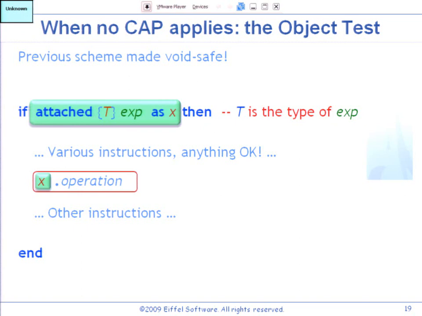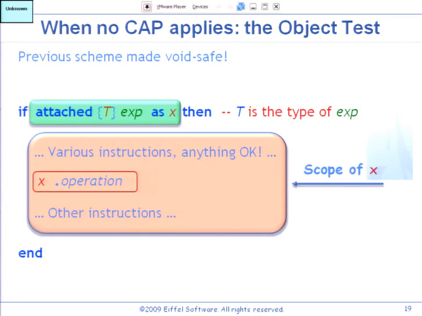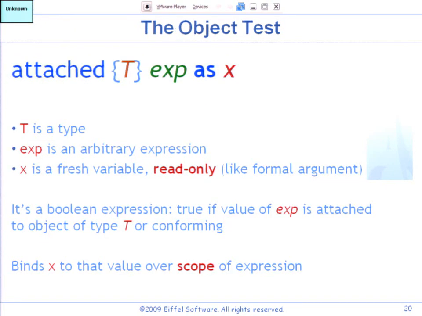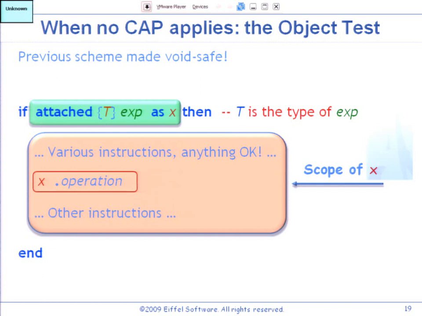Consequently, in the block below, x is a read-only variable which is attached. And therefore, you can perform calls on x, and the compiler will know that it's safe to do so because of the object test. So we have the notion of scope, which is important for object tests.